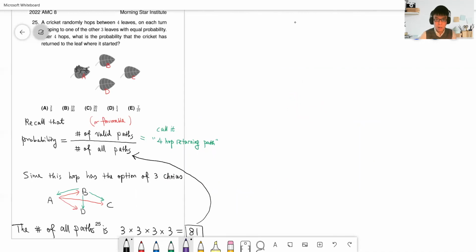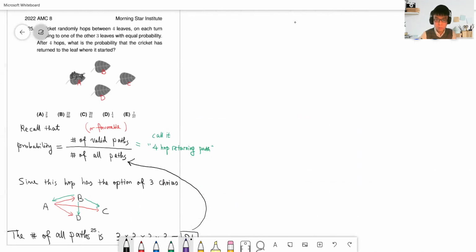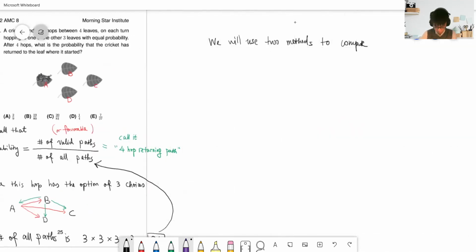We will use 2 methods to do this computation, to compute the number of valid paths. Method 1 is based on pure multiplication principle.